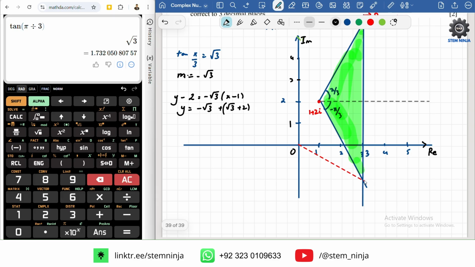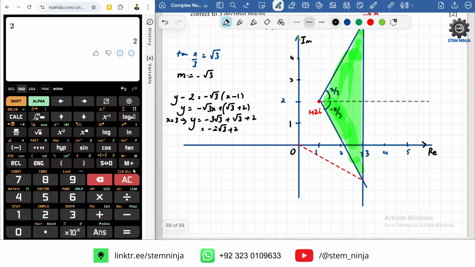Okay, now what we want over here is where x is equal to 3, right? So x is equal to 3. This would be y equals minus 3 root 3 plus root 3 plus 2. So that is minus 2 root 3 plus 2.